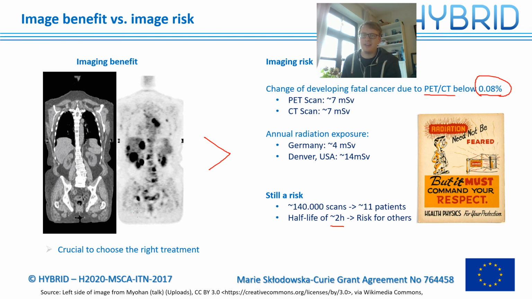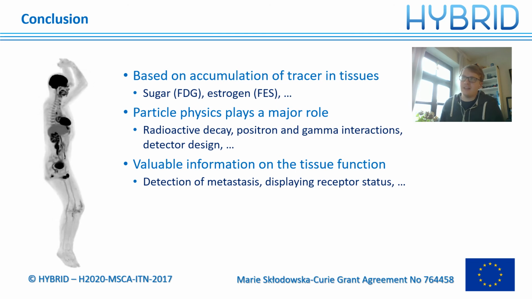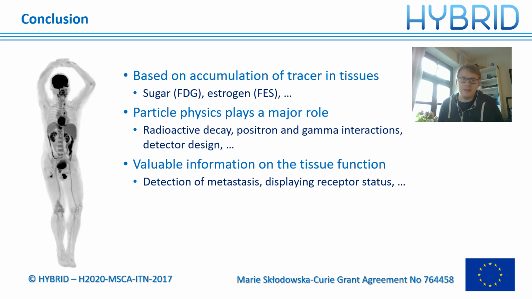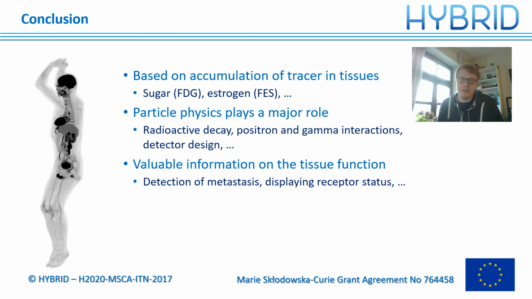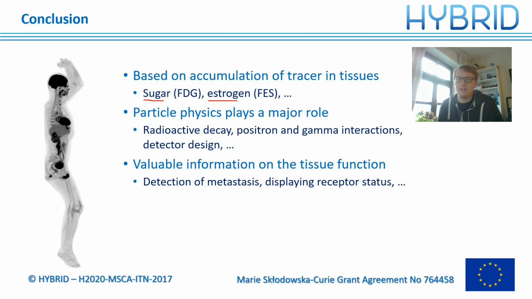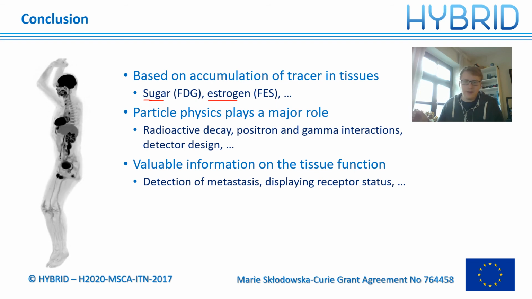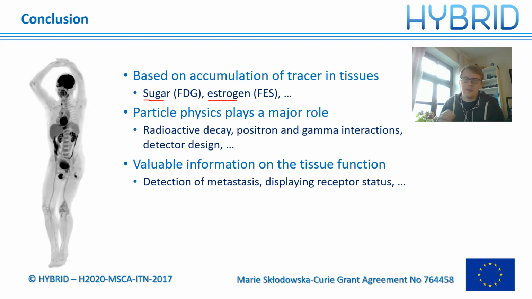All right, so in conclusion, PET imaging in general is based on different tracers. Depending on the tracer, for example, sugar in oncology, estrogen in oncology, or PSMA, they all can show you different things in the body.